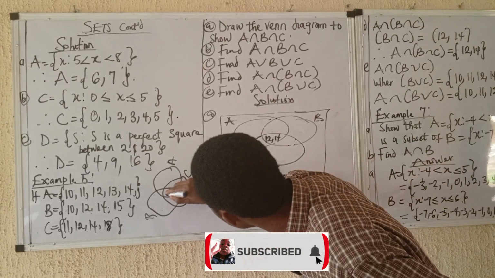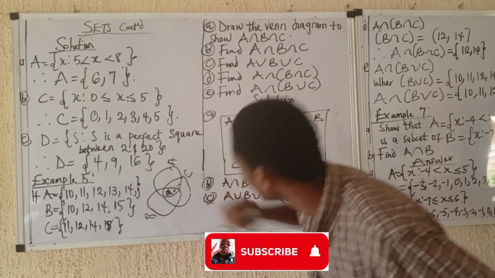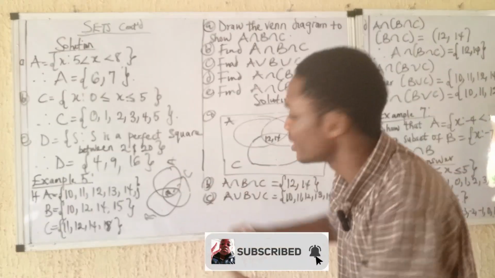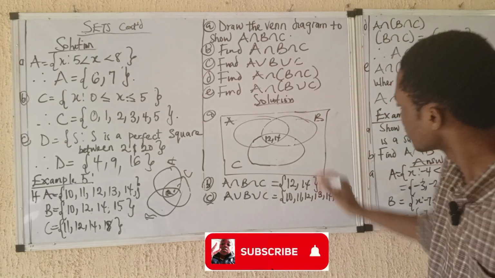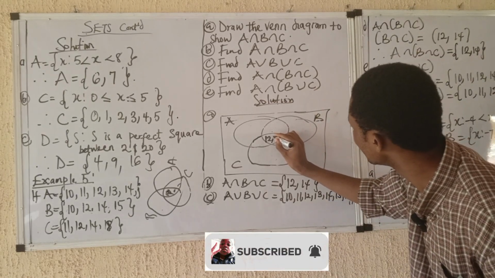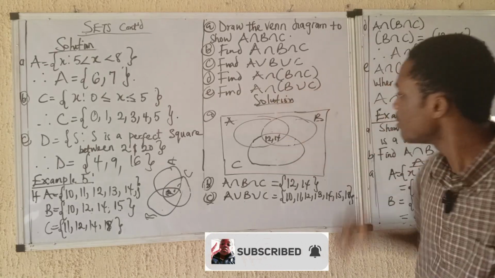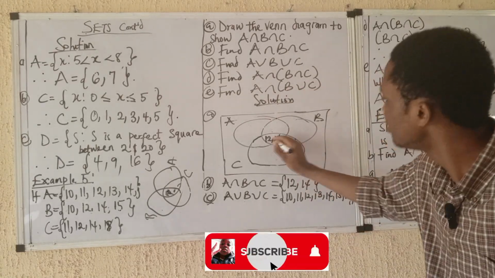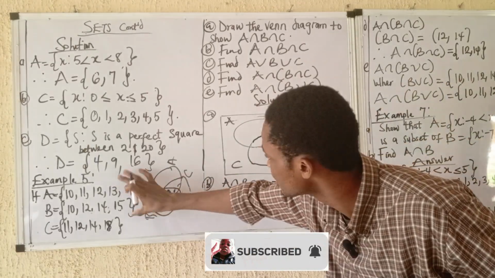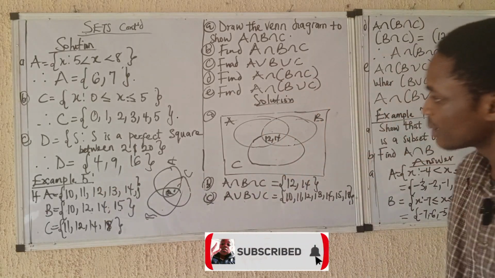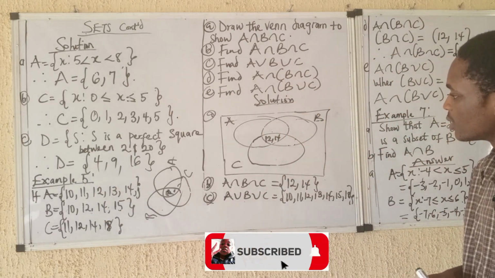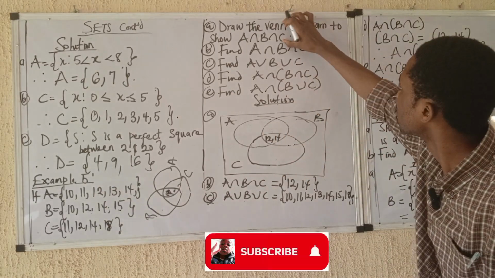So 12 and 14 are to be in this place because they are the elements that bind the three sets together. So this is our intersecting point. The elements present here are 12 and 14, as showcased by the data given to us. So this is the answer for question A.